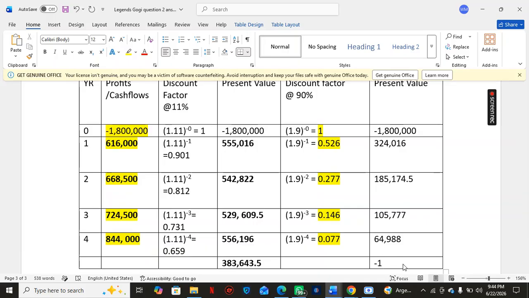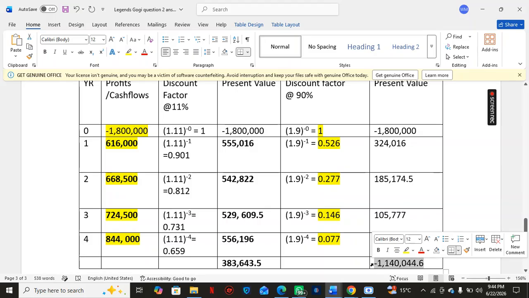Negative 1 million point six. Okay, wonderful, colleagues. Now we go to the interesting part.